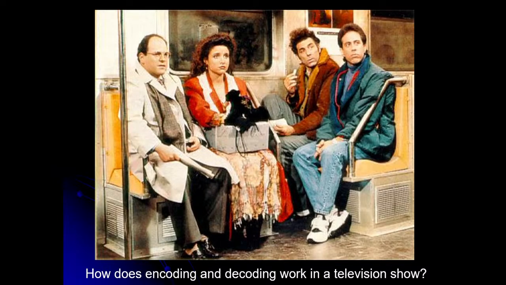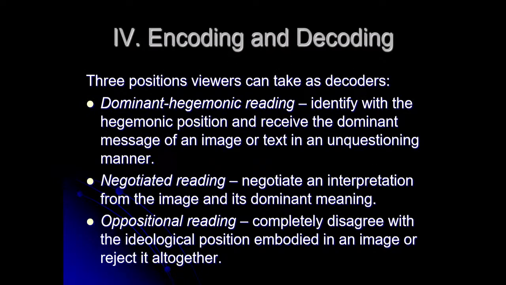So let's see how encoding and decoding works in a television show. Now there are three positions viewers can take as decoders. How can people become a decoder, what kind of decoding process do we have here? We have three different types of decoding processes.